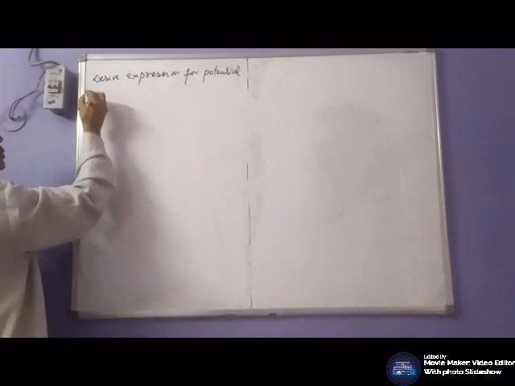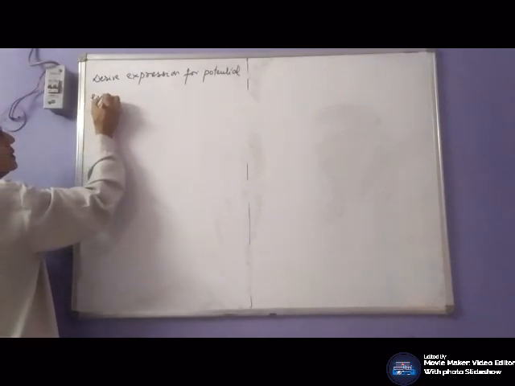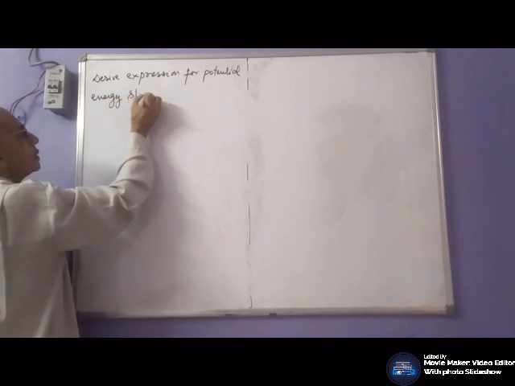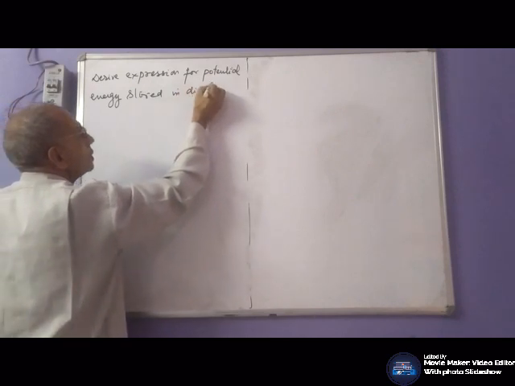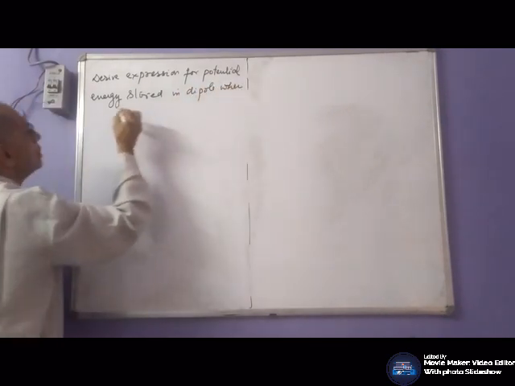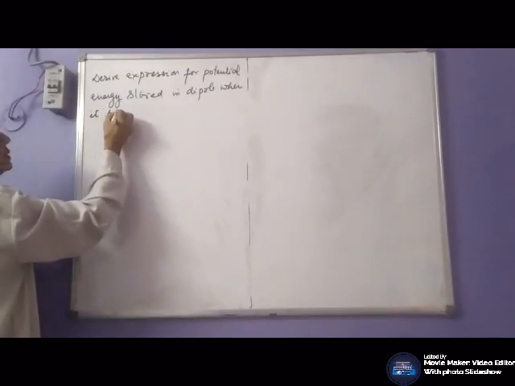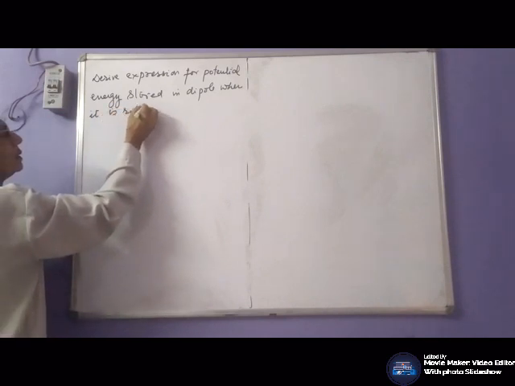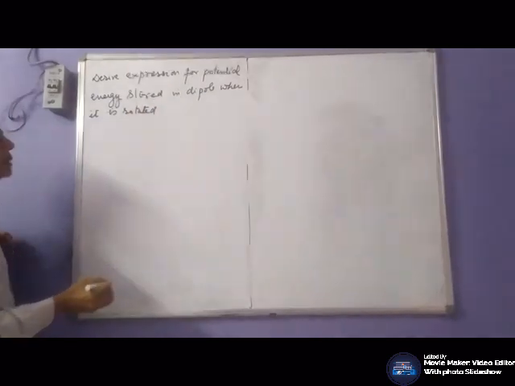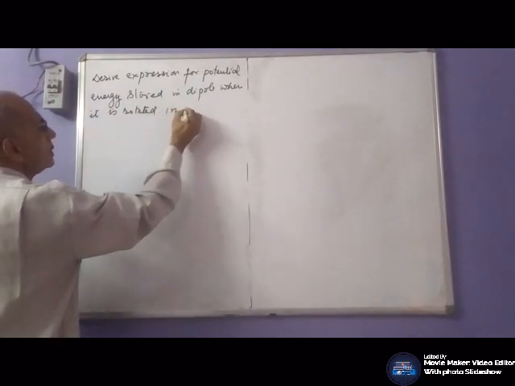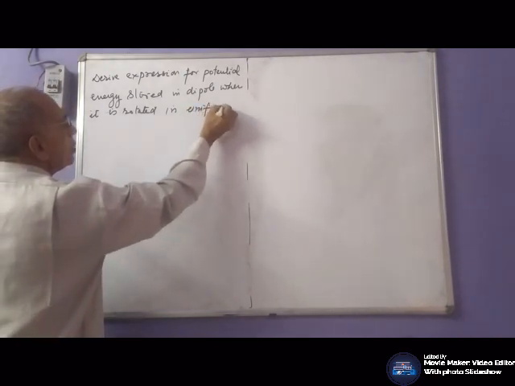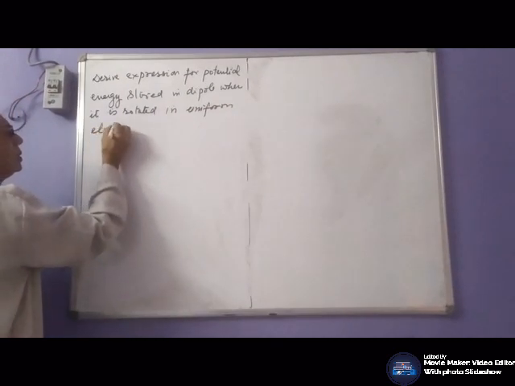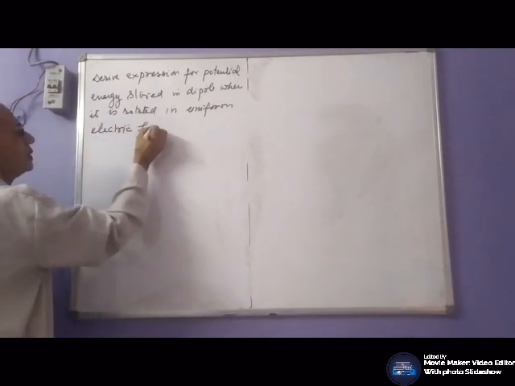Derive expression for potential energy stored in dipole when it is rotated in uniform electric field.